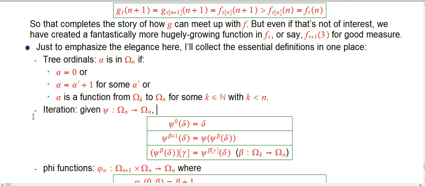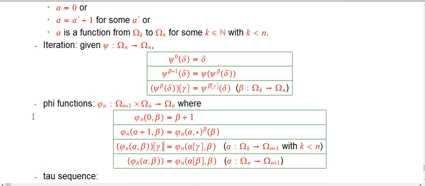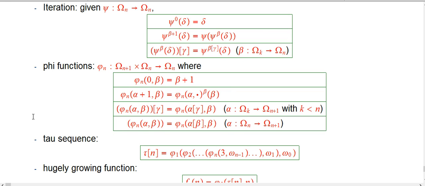Given a function from ordinals to themselves, here's how you iterate. The first two are pretty obvious, and the third is what you usually do with limits and fundamental sequences. Here's the phi functions, which are a straight up generalization of the fast growing hierarchy. Here's the tau sequence, just a nested version of the phis.